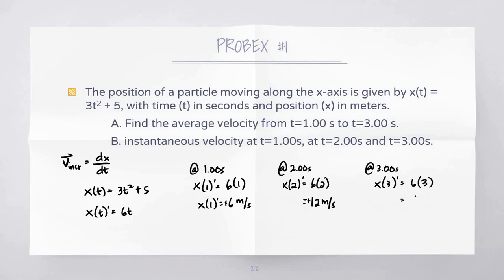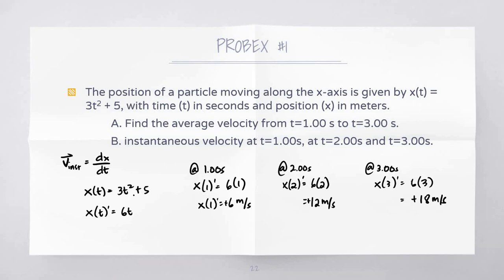So our final answer would be positive 18 meters per second. So these are our final answers. At 1 second, the particle has a velocity of 6 meters per second. At 2 seconds, it's already at 12 meters per second. And at 3 seconds, the particle is at 18 meters per second.